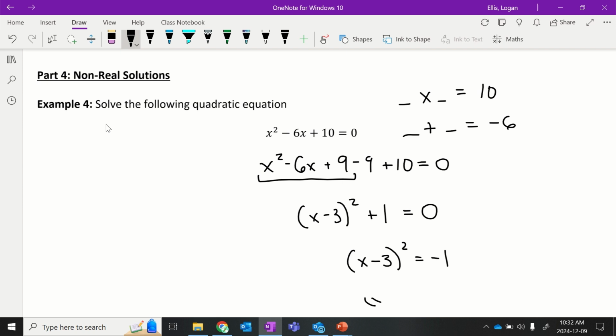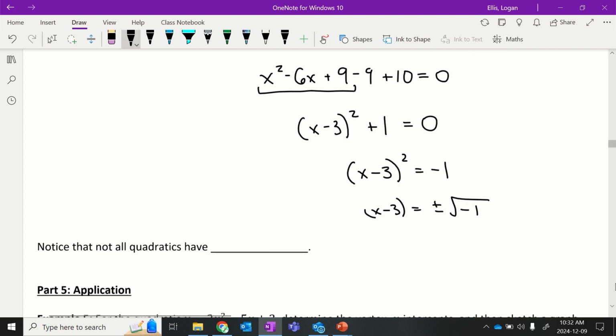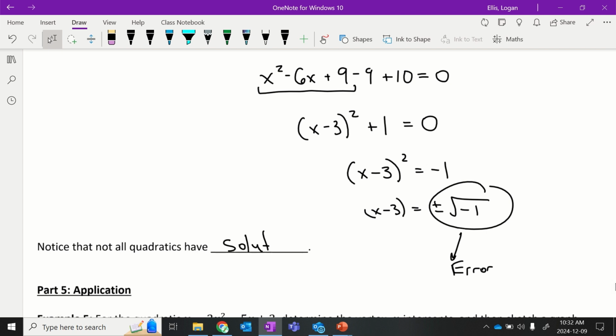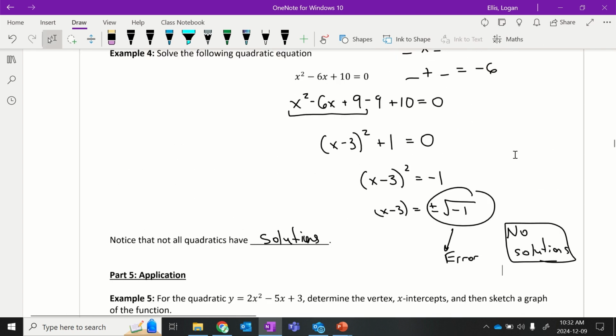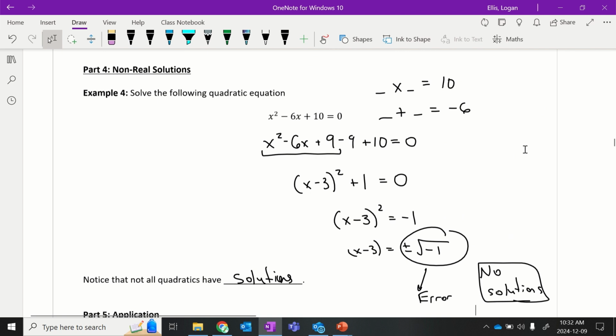But then when you take the square root, plus or minus the square root of negative 1, if you try the square root of negative 1 in your calculator, that is an error. It doesn't exist. So not all quadratics have solutions. This means there are no solutions. You're getting an error here because there's a square root of a negative. So anytime you have to do that, you know that it's no bueno. All right.